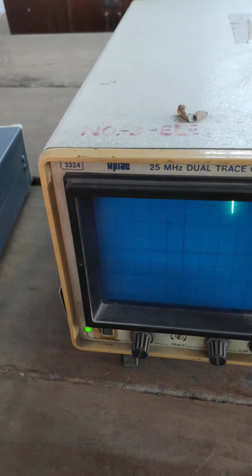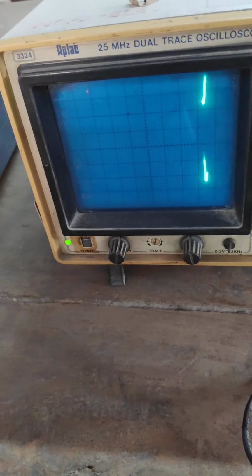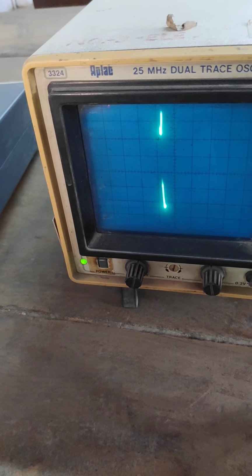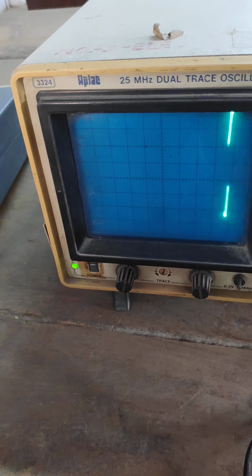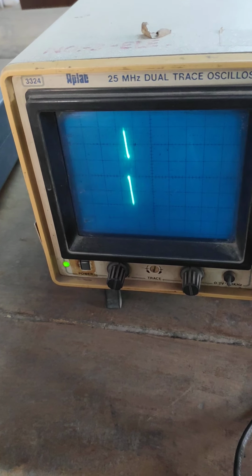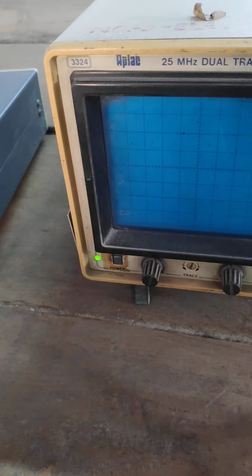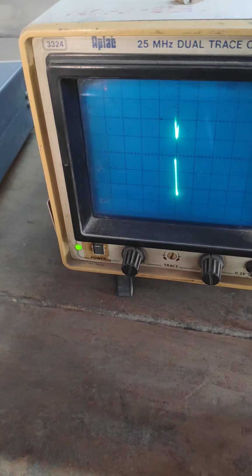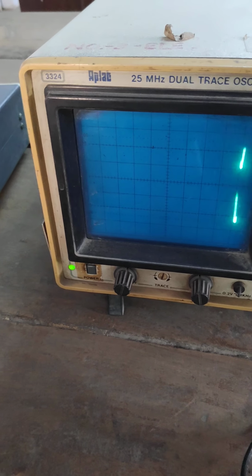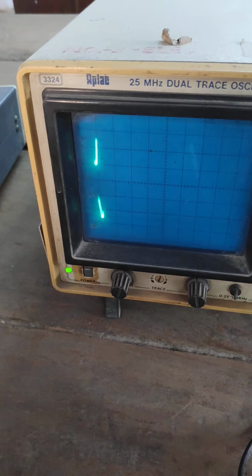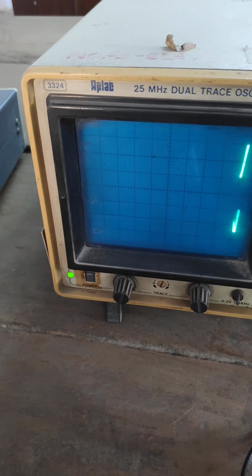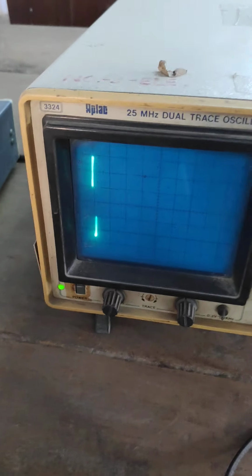Now what I will do here is, since I want to find out the peak to peak voltage, I will change the time per division such that when you keep the time per division very high, what you will obtain is this type of line. So when you obtain this type of line, since we want to find out only the voltage peak to peak, you can find out the voltage peak to peak with the help of this particular method.